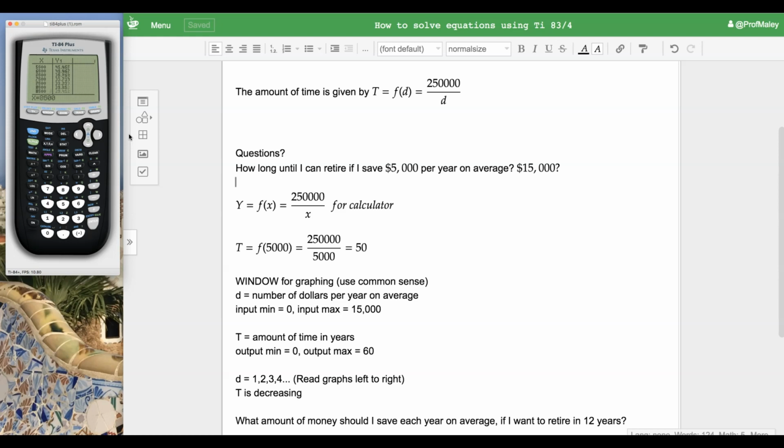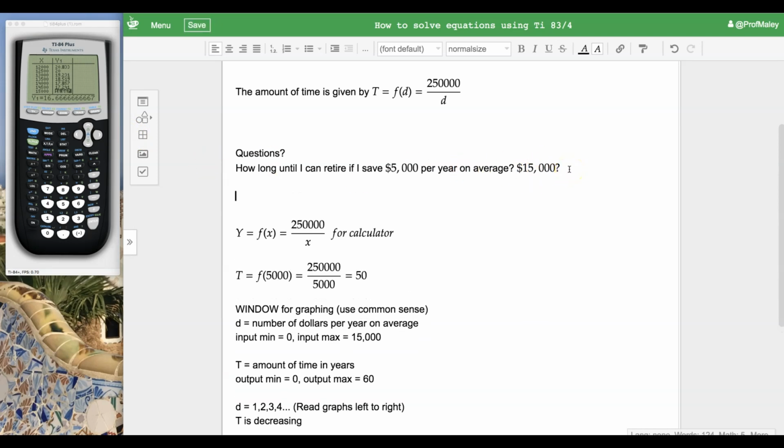How about 15,000? Well, I can scroll down. Depending on what you chose, it might take a bit. So 16 2/3 years for 15,000. So let's jot that down. It will take me, how long did we say? 25 years?